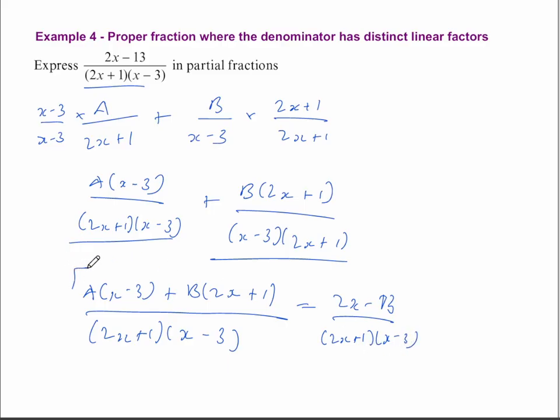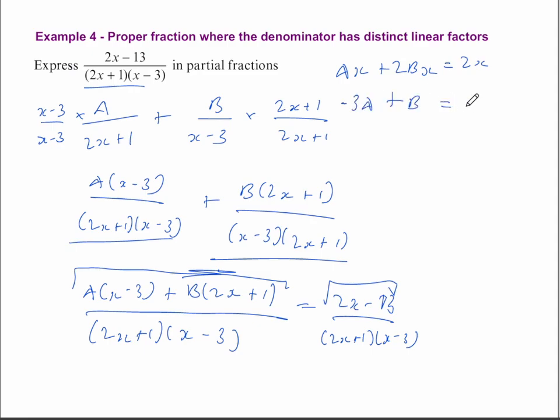Then we can just equate the numerator with the numerator right here. So we can put the x terms together. Ax + 2Bx from this thing right here is going to equal 2x. And on the other hand, we have -3A + B is equal to -13 from this thing right here.